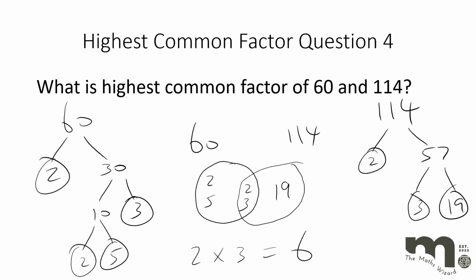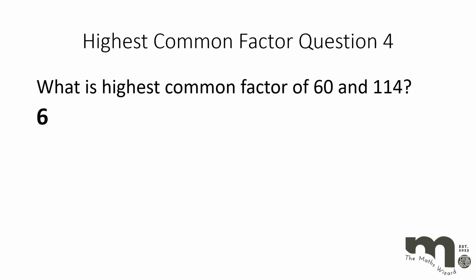But if you did want to do it that way, you could start with 60 and work your way downwards, and work out all your factors. You could still do it that way if you wanted to, but this way might be a bit less time consuming, I would say.